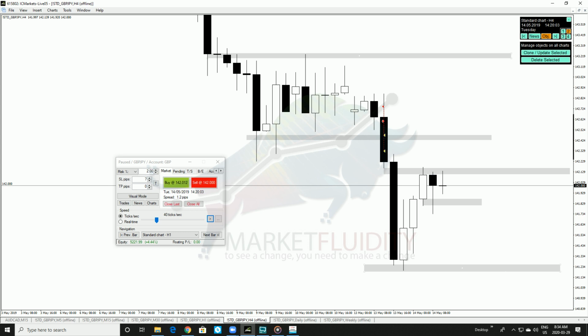This is where you're creating your bias, right? The 4 hour broke this support, came down, went up, and maybe it's creating some sort of resistance here to continue moving down. If it was to move down, what's the easiest place it can come down to? Maybe this wick fill right over here. Maybe that's the area where the 4 hour candle is more prone to come down.